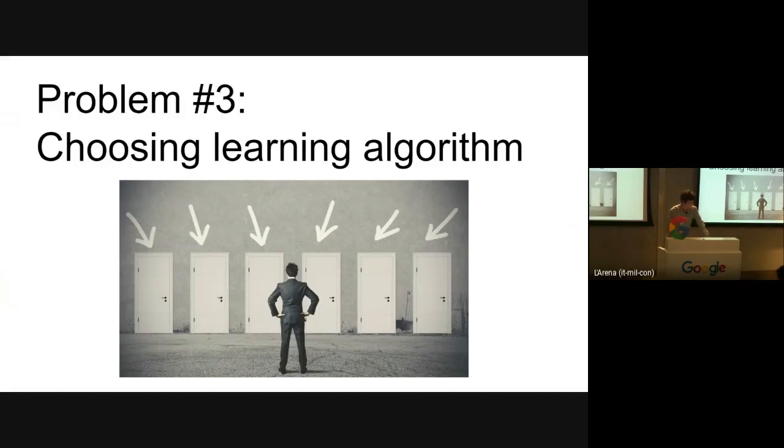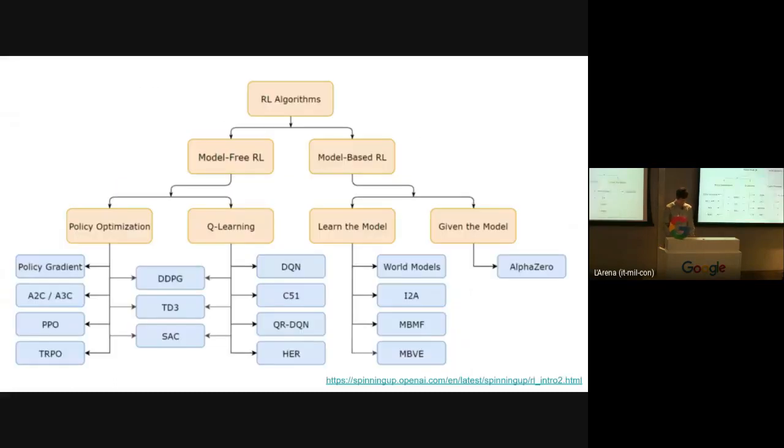In reinforcement learning, there is a forest of different algorithms specific to the problems. We won't have much time to dive into the details, but this scheme gives you an idea of the manifold of families of algorithms that you can choose from.